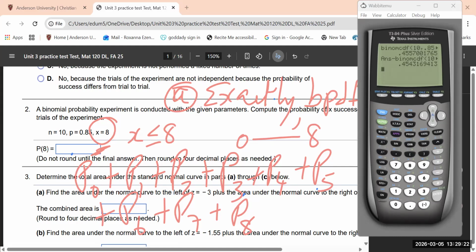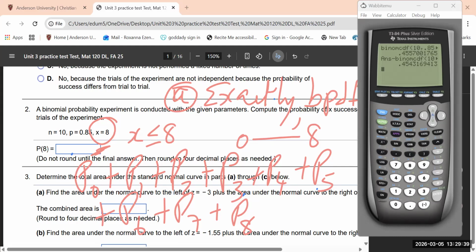If it is P8, then you will not subtract 1, you just add 1. It depends on what you are told to do.